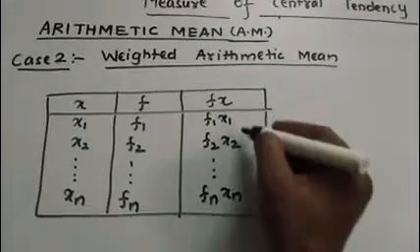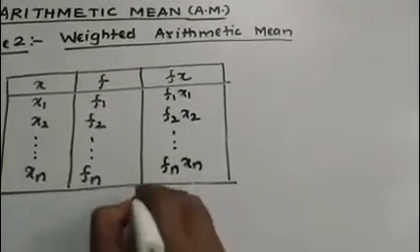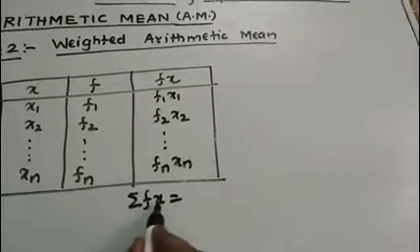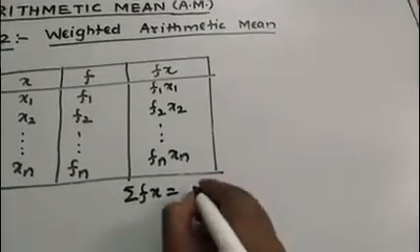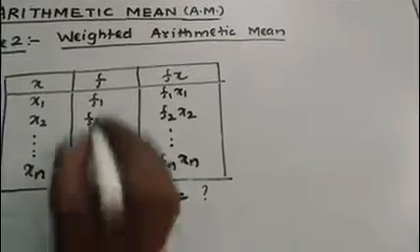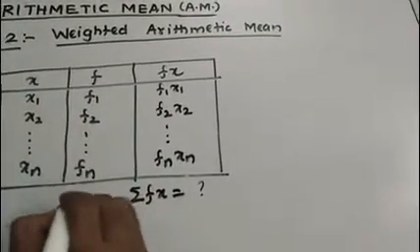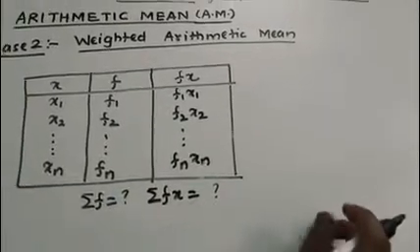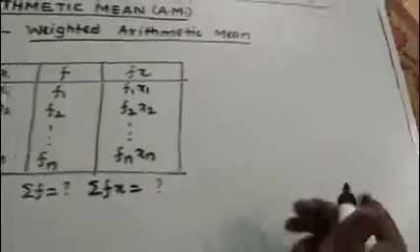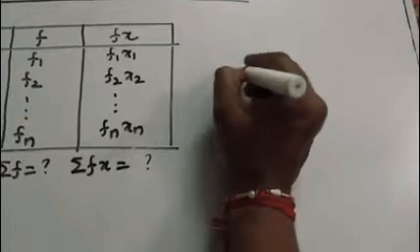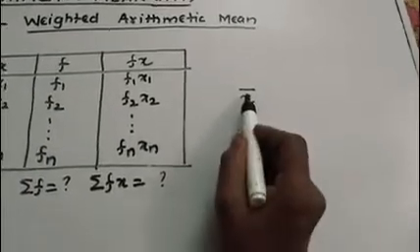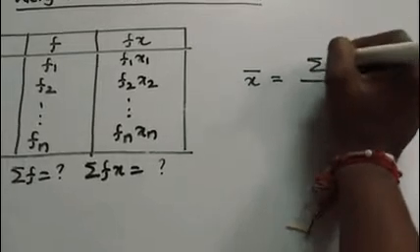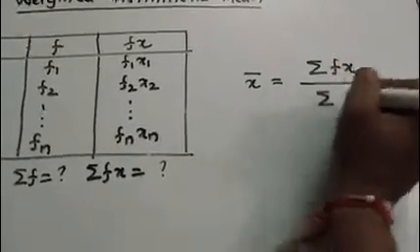Then we have to add them all, that means summation over fx. Adding them all, we will get a number. Similarly we will add all the frequencies, summation over f, and we will get a number. So in case of weighted arithmetic mean, the formula is: x bar, which is the notation for arithmetic mean, equals summation over fx divided by summation over f.